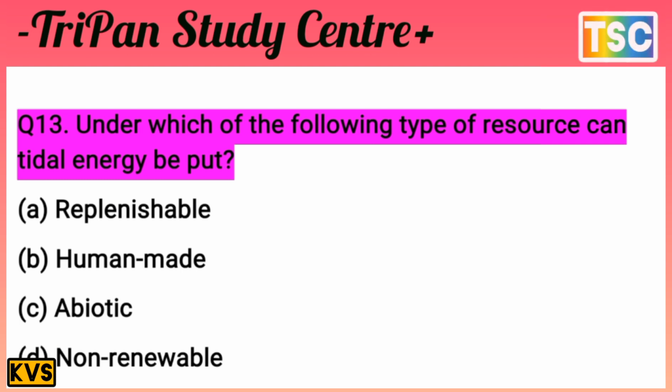Biotic is not applicable in this question, and non-renewable is rejected. Our one answer is A, replaceable. Tidal energy is a replaceable energy. That's an important answer for the exam. The answer is A, replaceable energy.